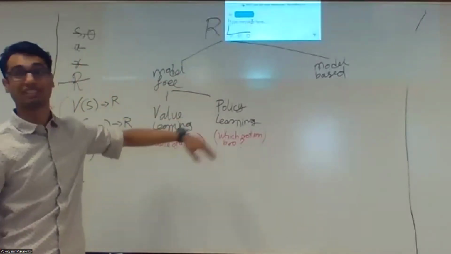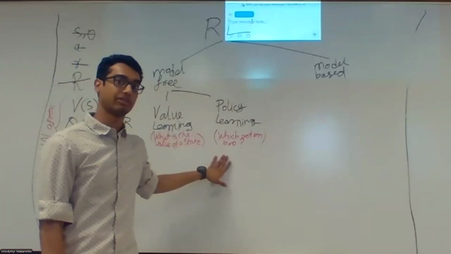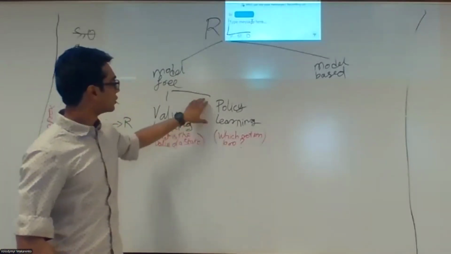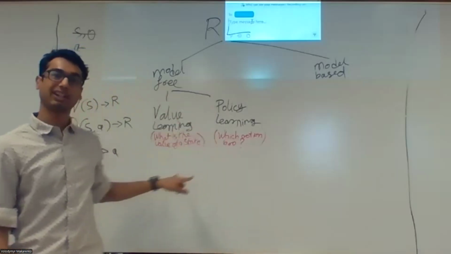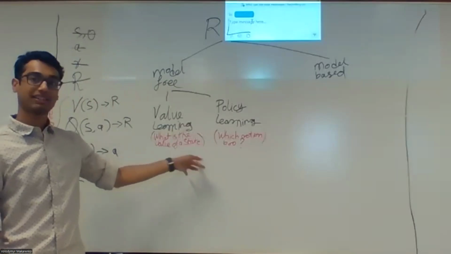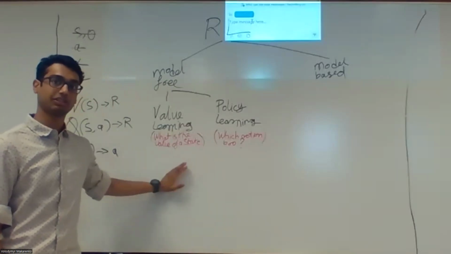Policy learning is all about just straight away jumping to the action. We're going to see examples of this. If the distinction isn't entirely clear, then some examples later on will help us understand it.